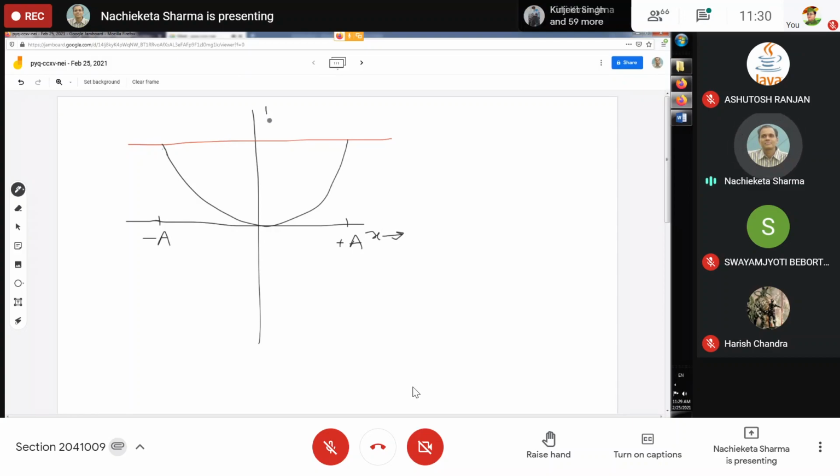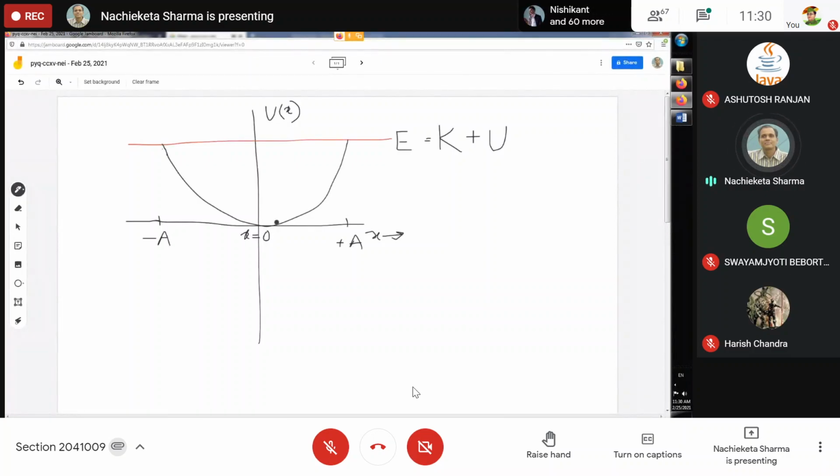Along the vertical axis, I have plotted the potential energy function. And this red line is your energy, which is nothing but the sum of kinetic energy and potential energy. And this is x is equal to 0.